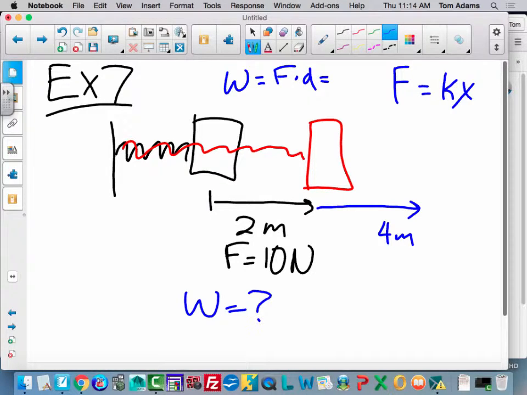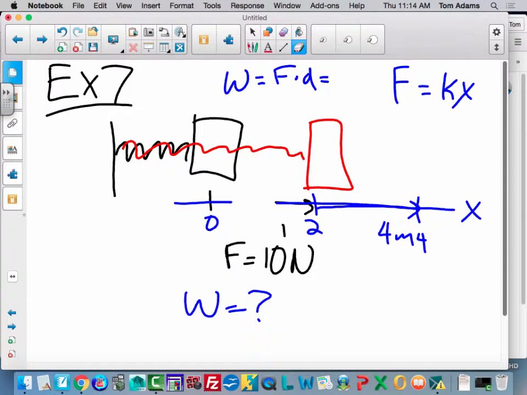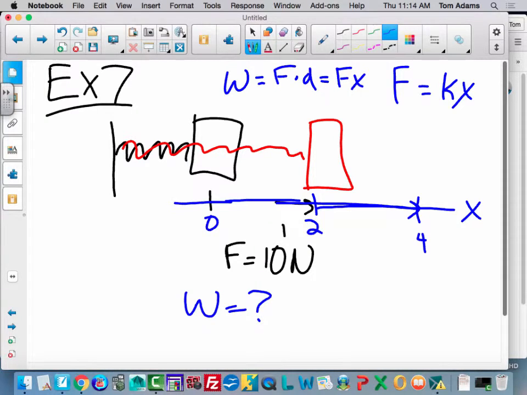But if we think in terms of X, like this is the XY plane, where this is 0, this is 2, and then this is 4, then really it's force times X. That's Hooke's law.